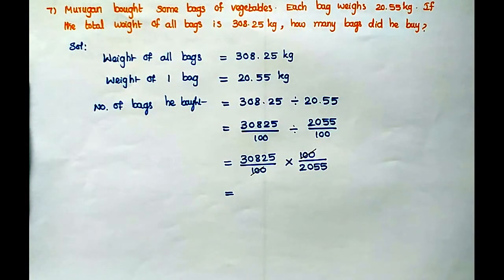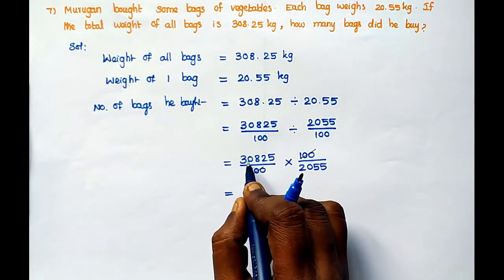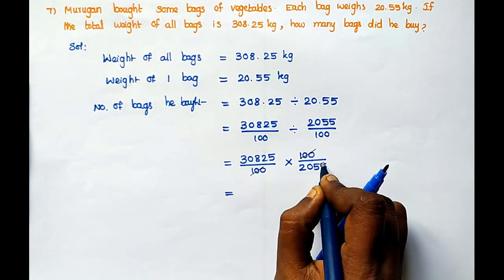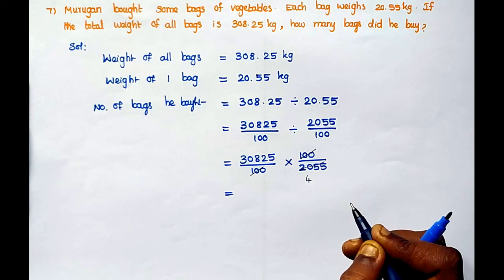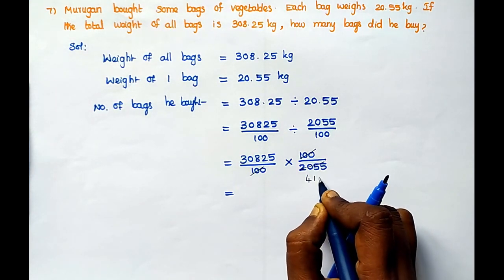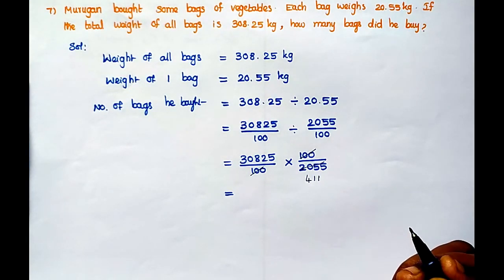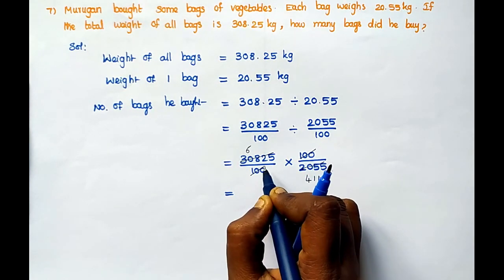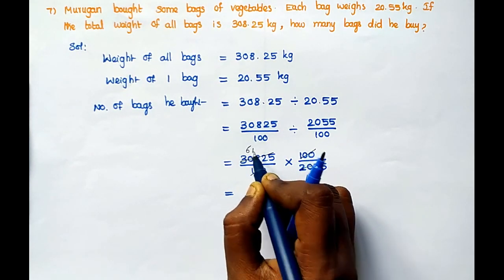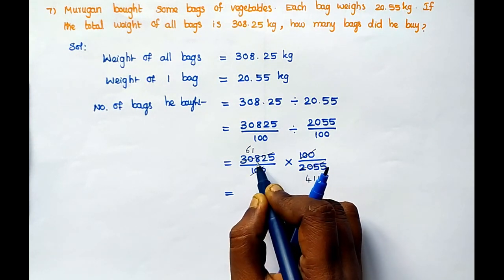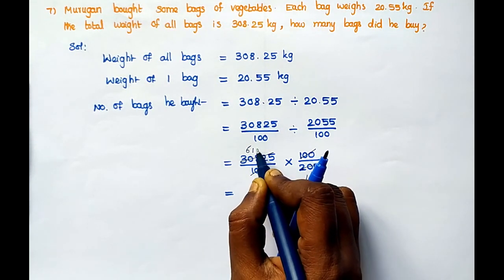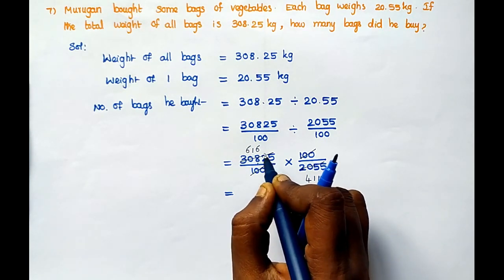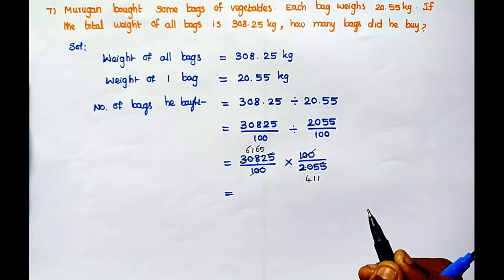Now listen, cancelled by the fifth table. 4 5s are 20, 1 5 is 5, here also 1 5 is 5, and here 6 5s are 30, here 1 5 is 5, balance 3, it becomes 32, again 6 5s are 30, balance 2, it becomes 25, so that is 5 times.